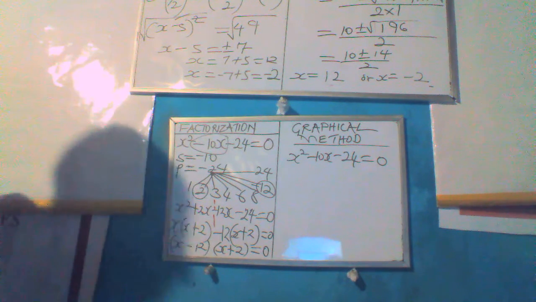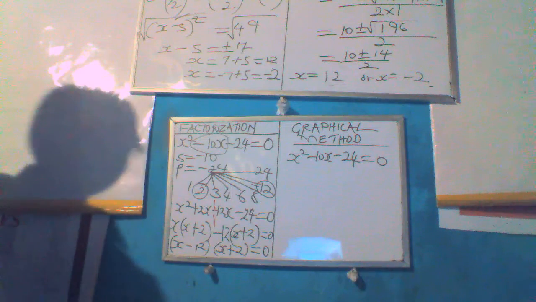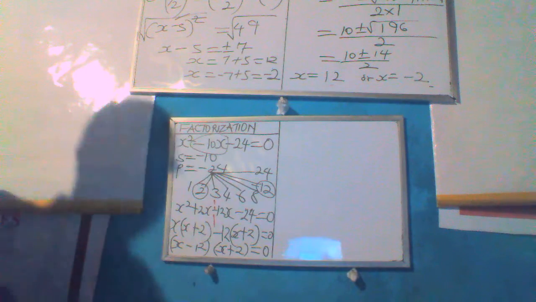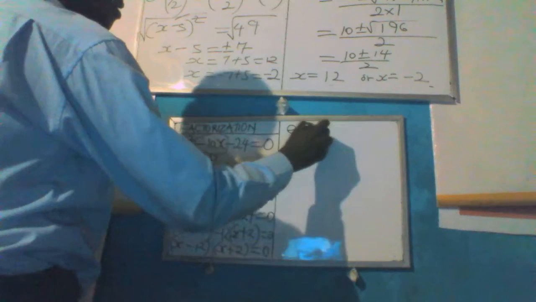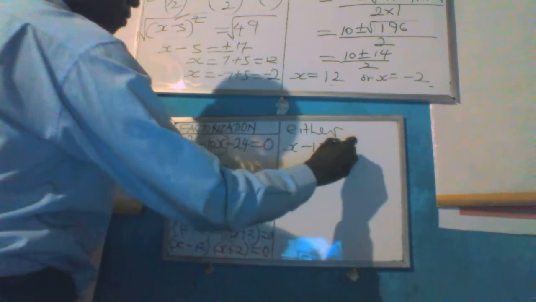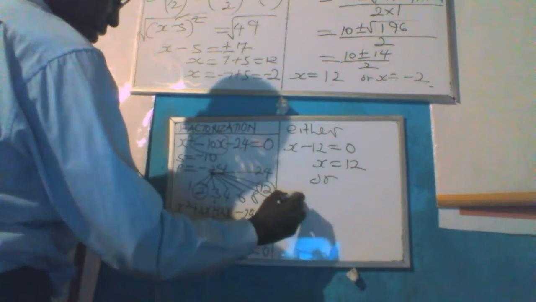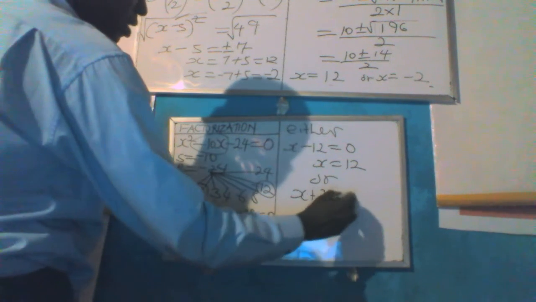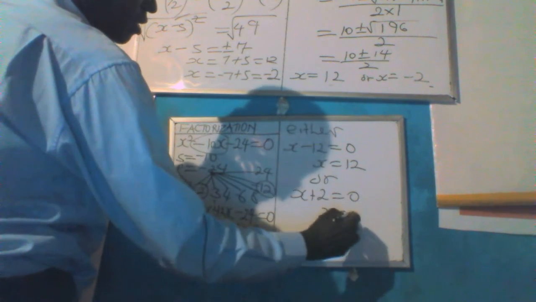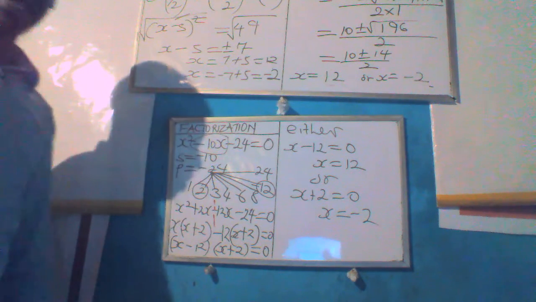So you can see we have reduced the expression into a workable form, and we will say that either x minus 12 is 0, which means x is 12, or x plus 2 is 0, which means x is minus 2.